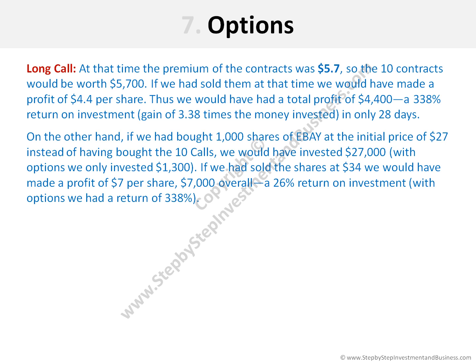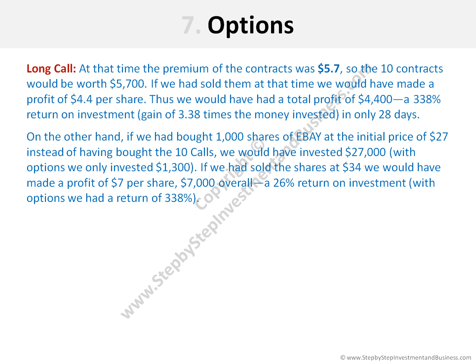On the other hand, if we had bought 1,000 shares of eBay at the initial price of $27, instead of having bought the 10 calls, we would have invested $27,000. With options, we only invested $1,300. If we had sold the shares at $34, we would have made a profit of $7 per share.